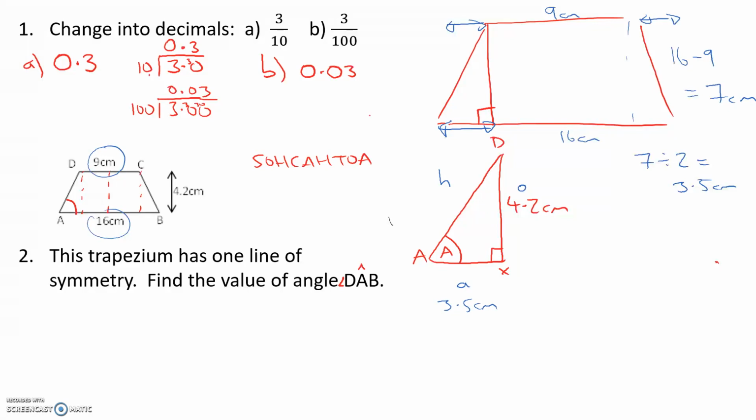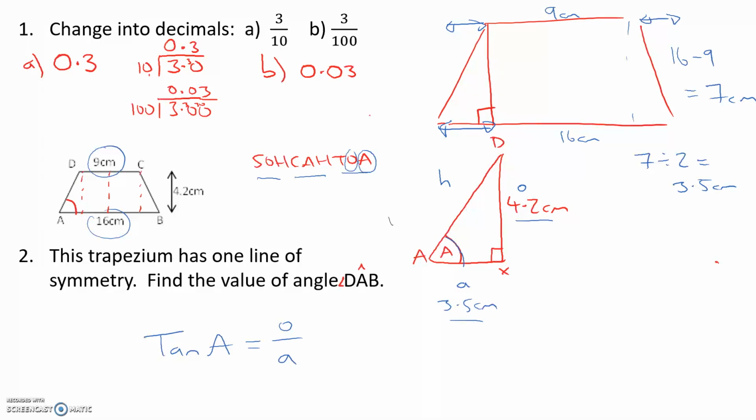Now we know what we need to know. Okay, we're looking for angle A. We know the opposite. We know the adjacent. What do we need? SOH, CAH, or TOA? Well, if we want the opposite and the adjacent, we better go for the TOA. We better go for tan. So we need tan. Tan of what? Well, tan's always of an angle, so we need tan A equals opposite over adjacent.